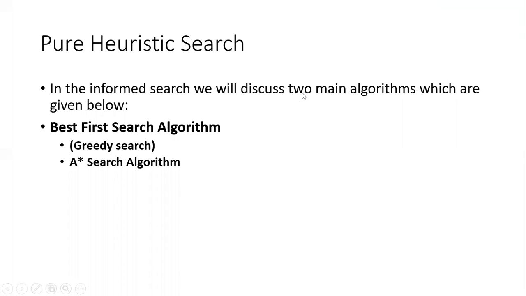In the best first search method, we have two main algorithms which we look at, similar to what we did in blind search, where we just looked at two methods, and if you want to consider other methods, it will be easy to pick up. That is a similar thing that we are going to do. So in this lecture, we'll discuss greedy search and the A star search.